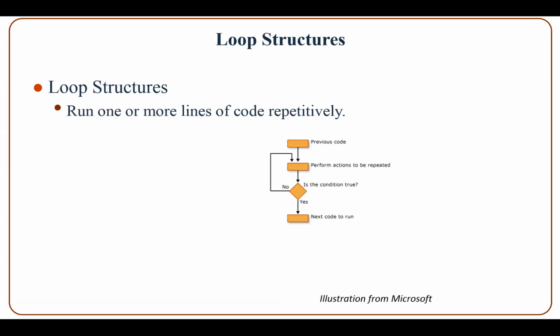If the condition is false, then you perform the actions again. Otherwise, you exit the loops and run the next code. The condition checking can be after performing actions or before performing actions.